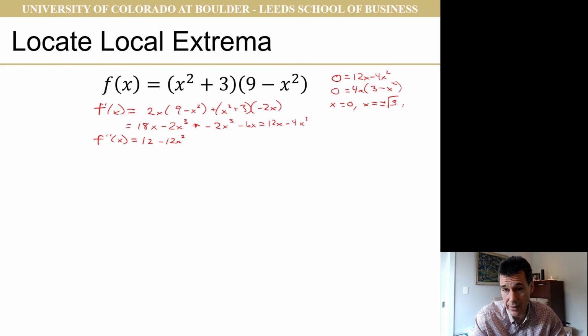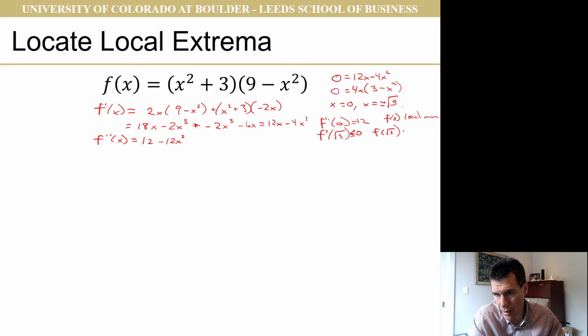Okay, second derivative. When x equals 0, f double prime of 0 is 12, which means that at x equals 0 it's concave up, so f of 0 is a local min. All right, f double prime of the square root of 3 is 12 times this, that's going to be negative, certainly less than 0, so f of square root of 3 is a local max, right?